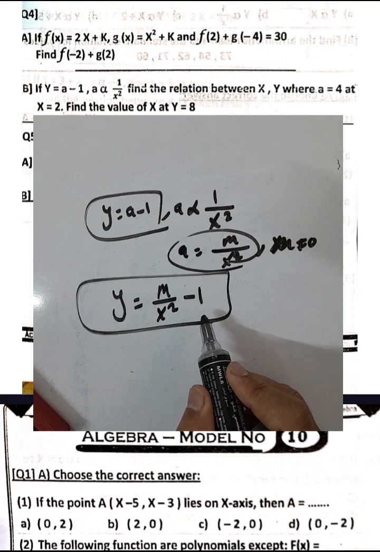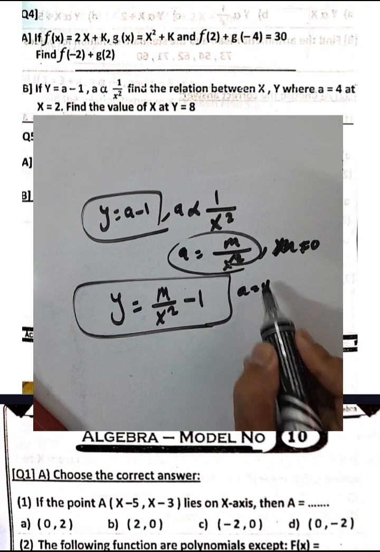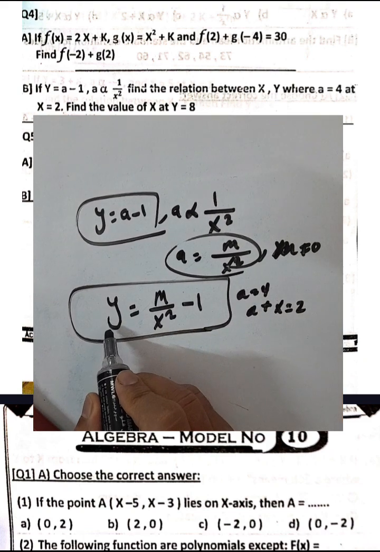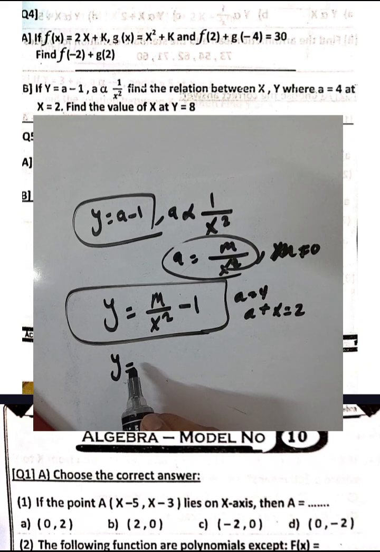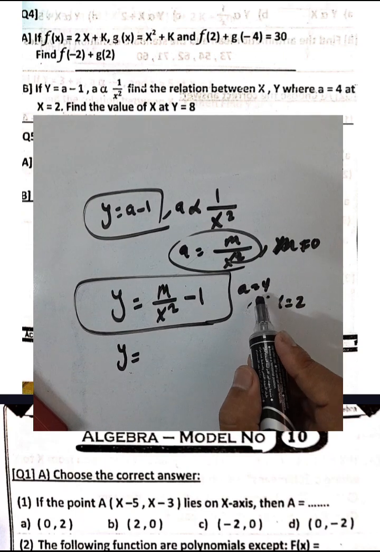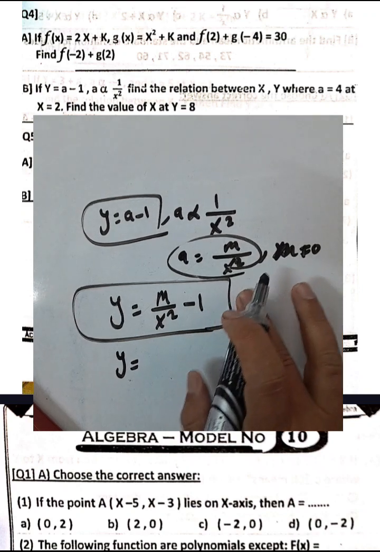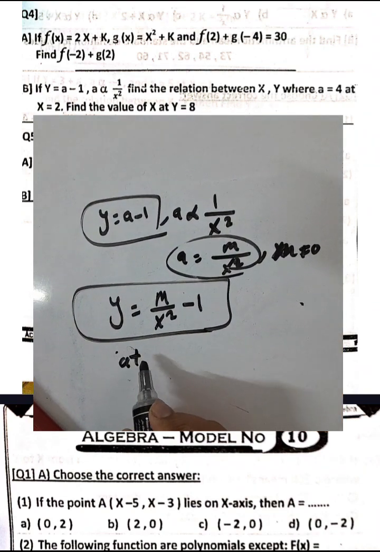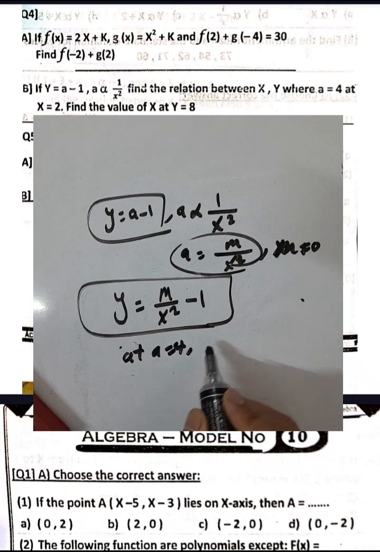He gives us this information, a equals 4 at x equals 2. Put here y will be equal, again he gives us a equals 4, where a is here. Okay, he gives us here at a equals 4, x was equal to 2.